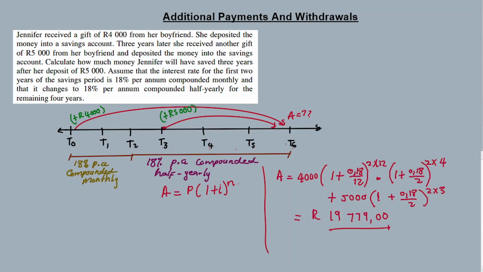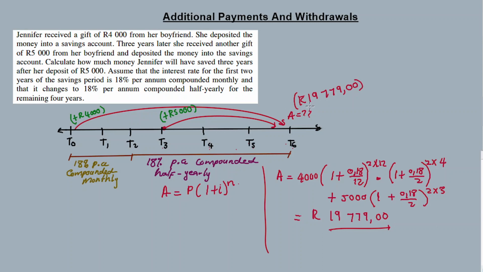Let's do another example. Sometimes we get a problem like this one where you have the accumulated amount. Now let's say Jennifer, after a 6-year period in a bank account or in a savings account, got this much, right?